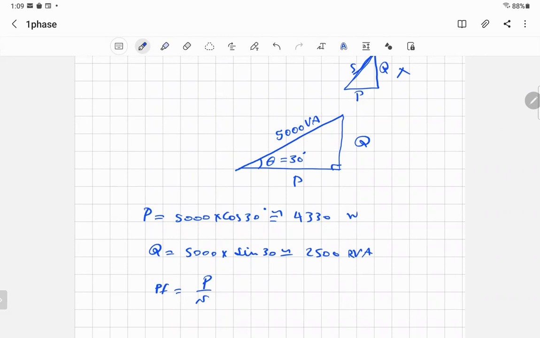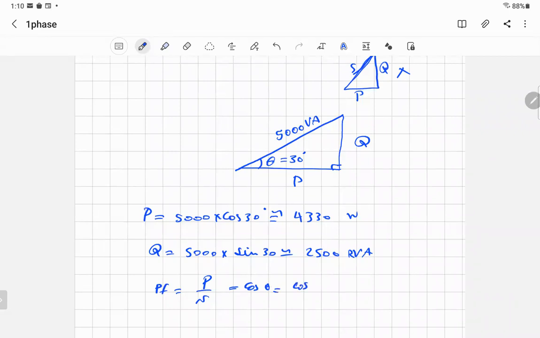It doesn't happen because we have nonlinear loads on the network in the system, which cause distortion in the waveform, so the current and the voltage will not be pure cosine or sine waves. In this case, you cannot say cosine theta. But in our case, I'll write cosine theta because I'm dealing with the ideal case. Everything is pure sinusoid.